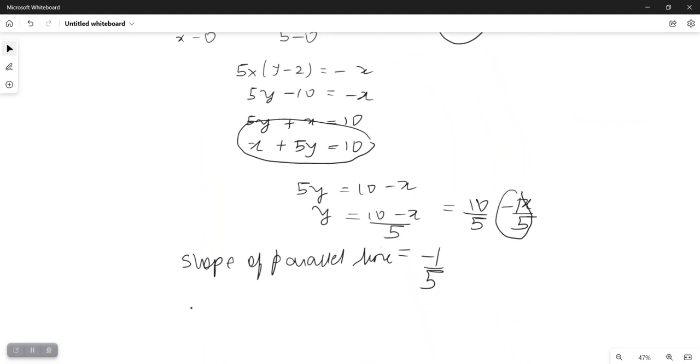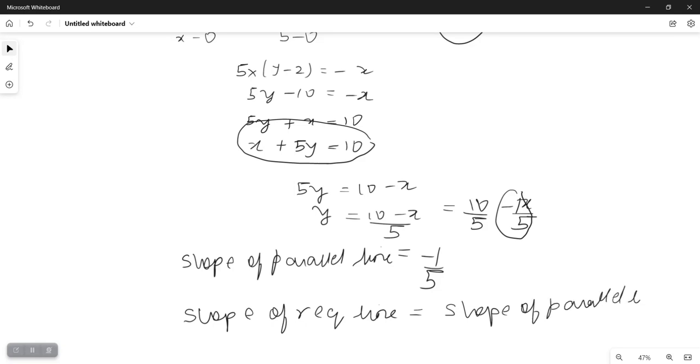Now, once the slope of the parallel line is obtained, the slope of the required line is equal to the slope of the parallel line, and this is equal to minus 1 upon 5.